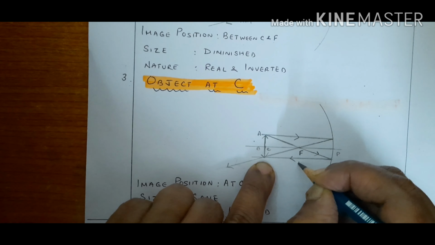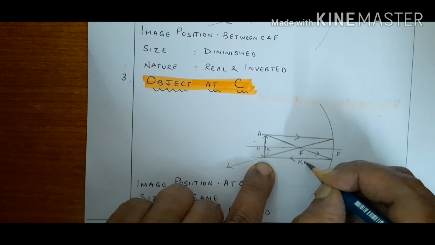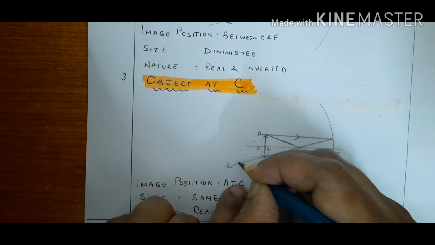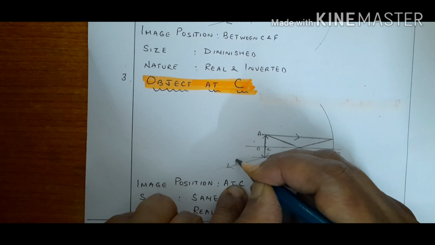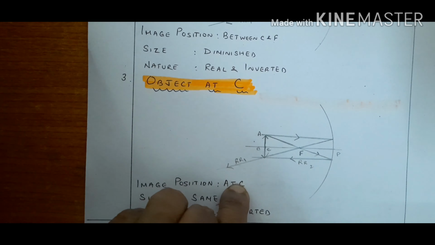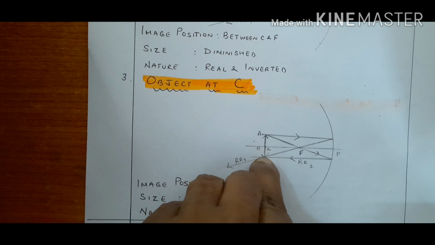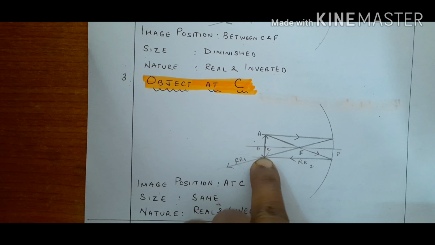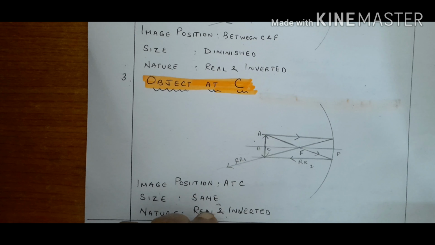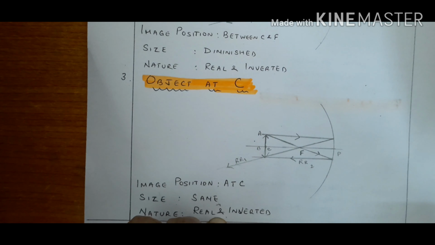This is RR2 and this is RR1. So you get the image position at C. The size is same and the nature is real and inverted.